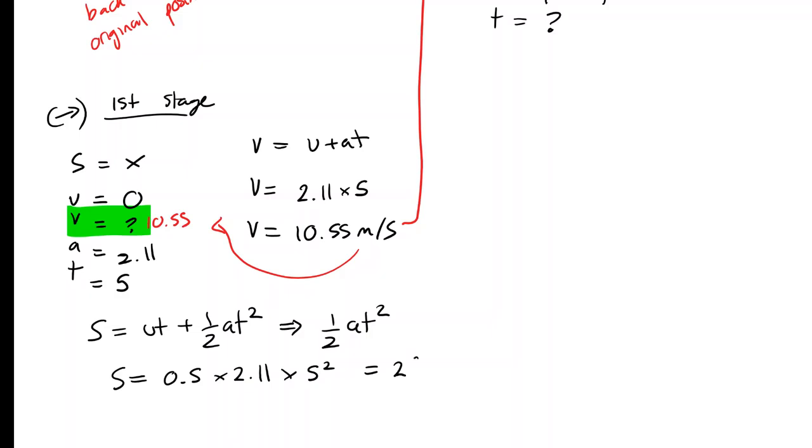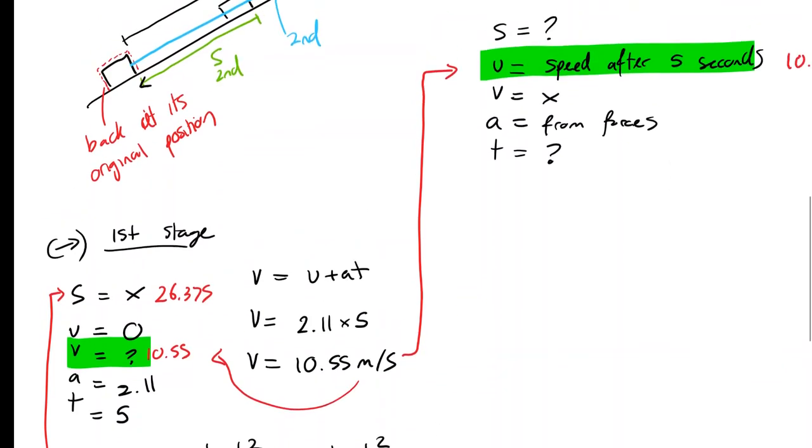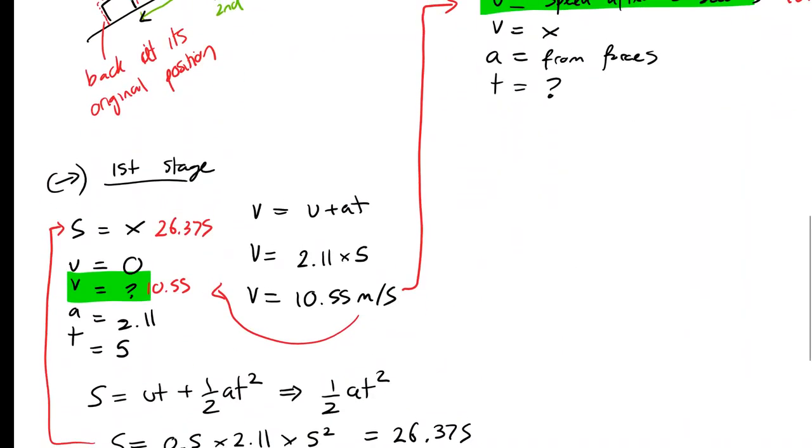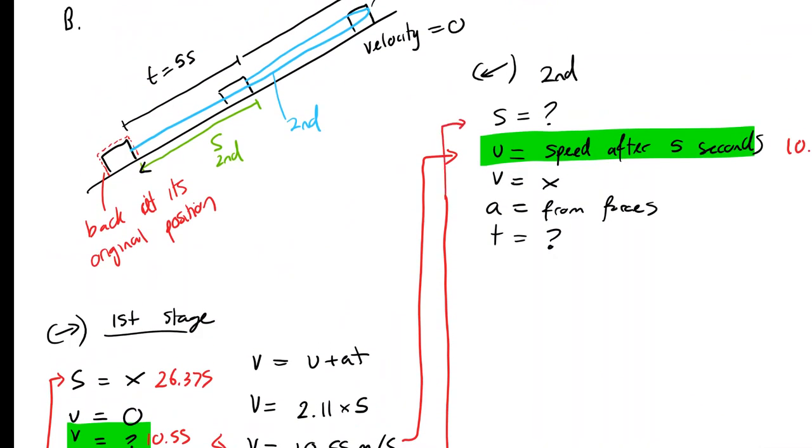That is a distance, or a displacement, of 26.375. So we can update that, that's 26.375. If you keep updating the SUVAT, it's much easier than constantly trying to hunt for the information wherever it happened to be written. And again, this can be put in here.